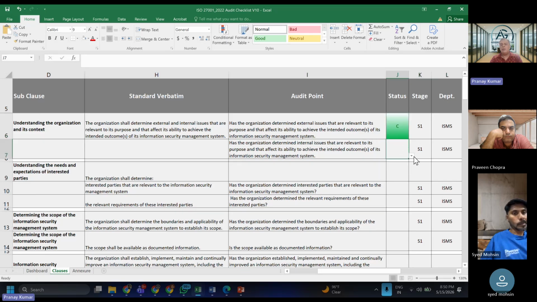Nahi mila, mark that as non-conforming. This will give us a list of what we did not find in an organization. Fair, everyone?